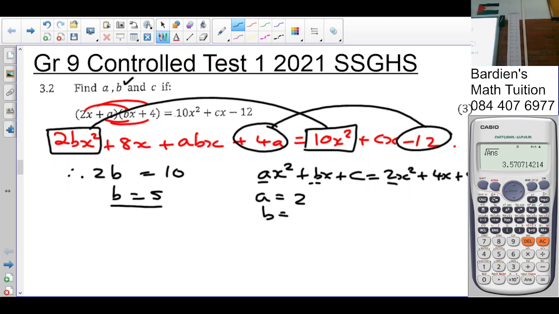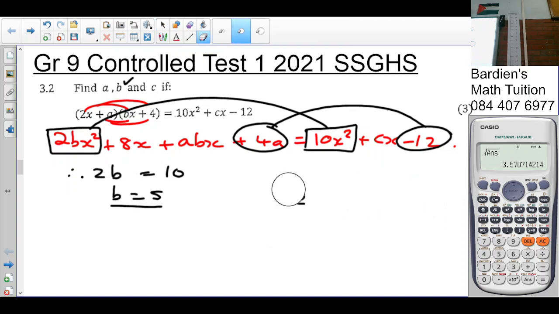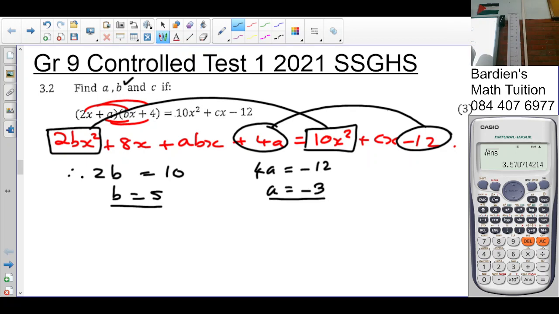What's your value for b? 4. What's your value for c? Not so? So on the same understanding, I'm asking you the question, why can 4a not be equal to negative 12? So we get 4a is equal to minus 12, a is equal to negative 3.